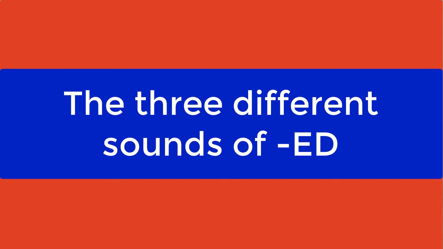For all of you who want to have a more detailed explanation of the ED sounds, we'll go a little bit deeper into the subject. The 3 different sounds of ED. The regular verbs can have 3 different sounds in the ending. 1, D, 2, id, and 3, T. As I said before, they take different sounds depending on the sound that comes before the ED sound.